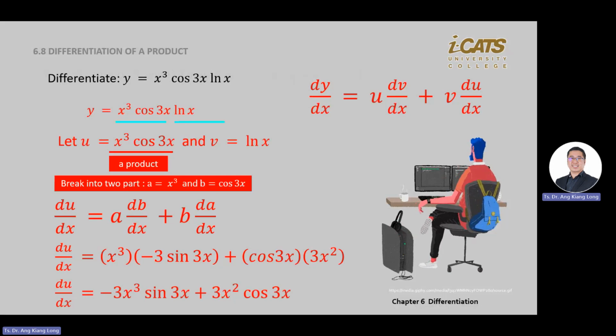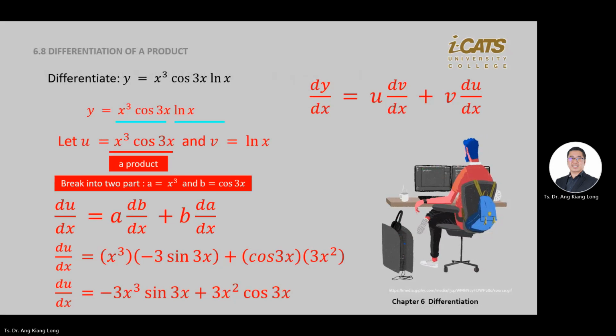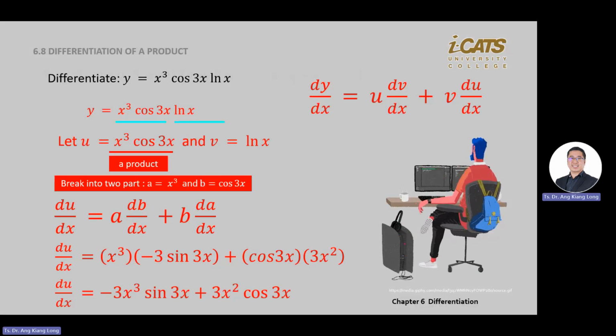Okay, this is an example where you will see three equations. Then how do you do it? First, you see it as two first. For example, I highlight x cubed equal to cos x as the first u, and ln x equal to v. Then I do this one as a product.